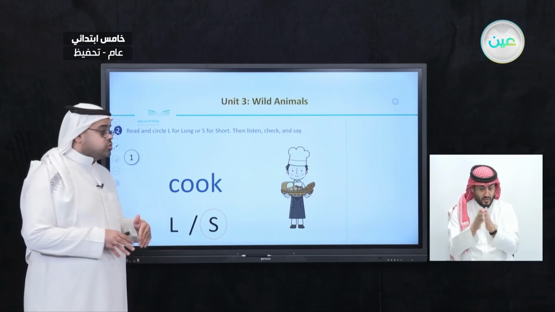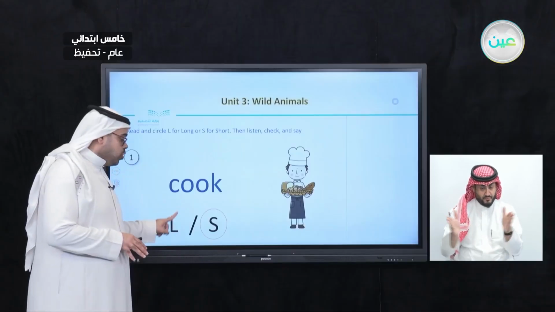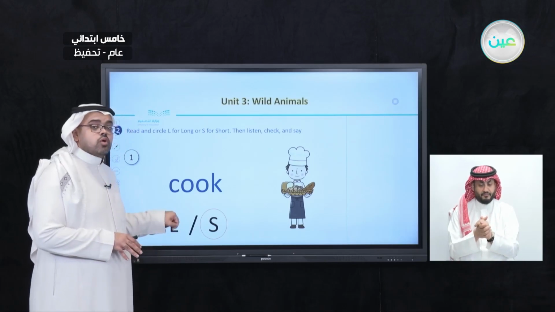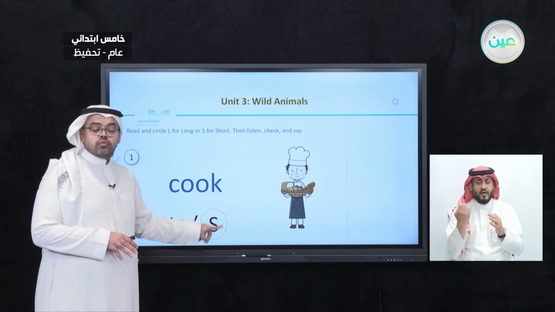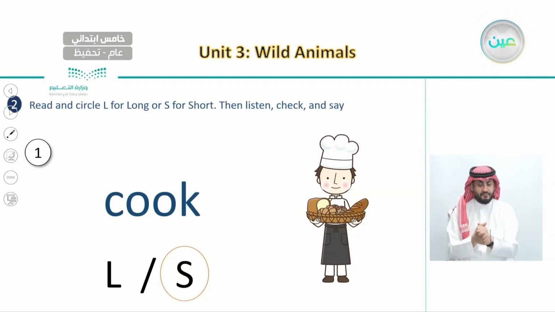So what we're going to do now is listen to 14 more words and decide whether they have the long form of double O's or the short form of double O's. So repeat after me the first one. Cook, cook.